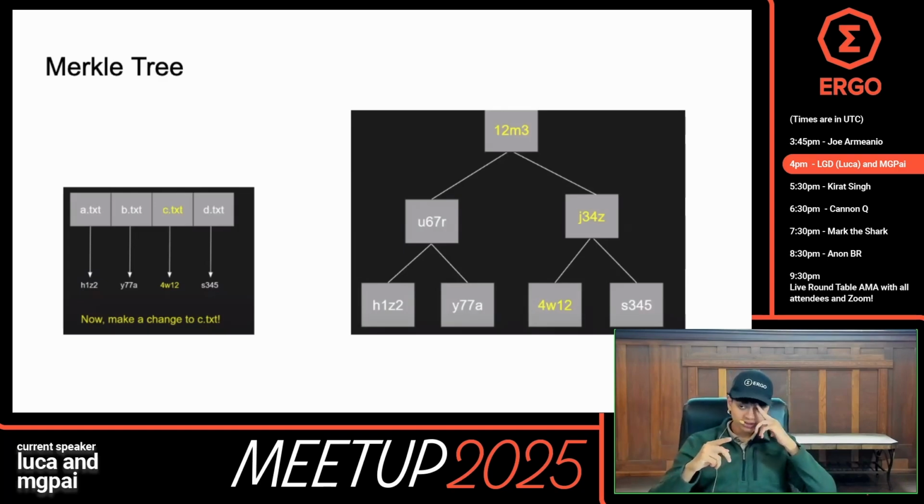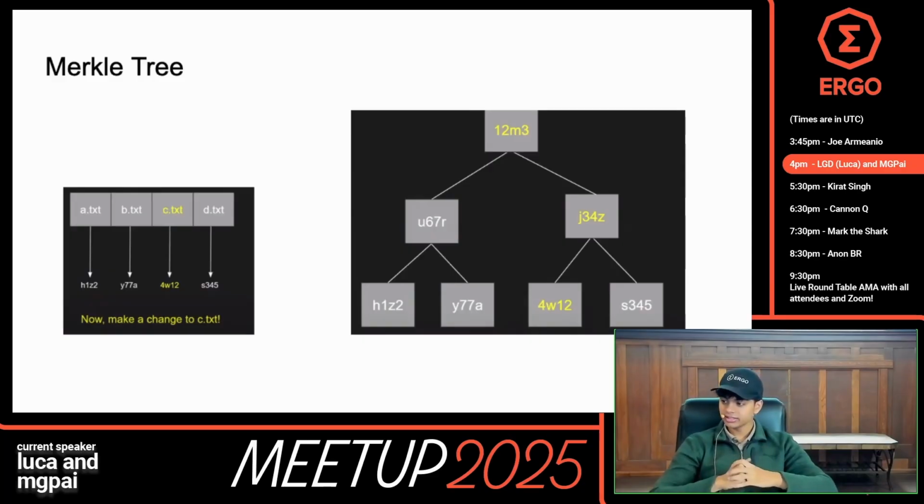So you can see here that when you traverse the tree, you first check the left side and you're like, oh, the left side's exactly the same. So you know that a.text and b.text is completely unchanged. But then you go to the right side and you can see that okay, d.text isn't changed, right? At the bottom right, it's still the same. So then you know really quickly that c.text is changed.